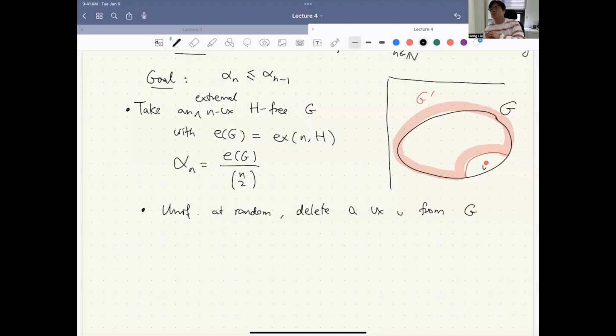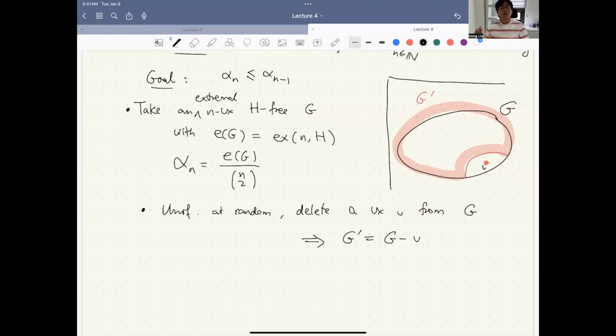We have 5 minutes, so let's finish this proof. This proof is not so long. Delete the vertex V from G, and we get a graph G prime, the subgraph G minus V. Now let's compute.